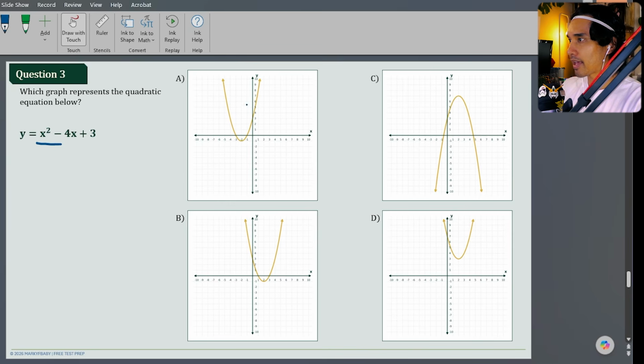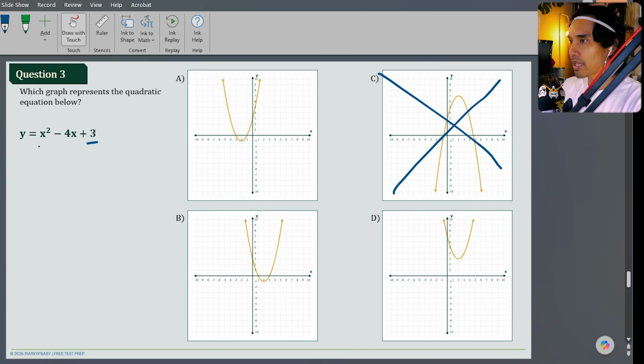So I see here that I have a positive parabola for A, positive parabola for B, and then I have a negative parabola for C, so I'm just going to get rid of this one. And then D, I also have a positive parabola. That leaves me with 3 answer choices. The next thing I'm going to be looking at is the y-intercept right here, C.